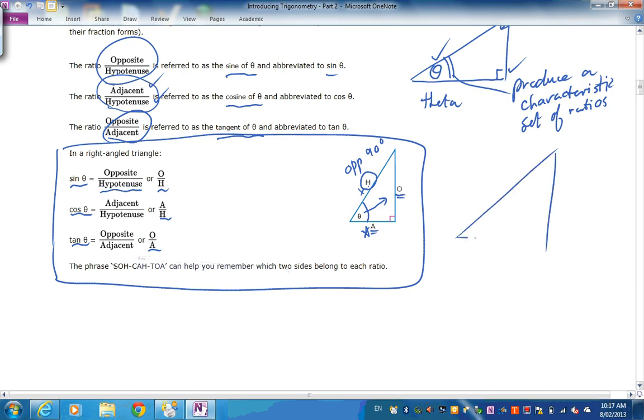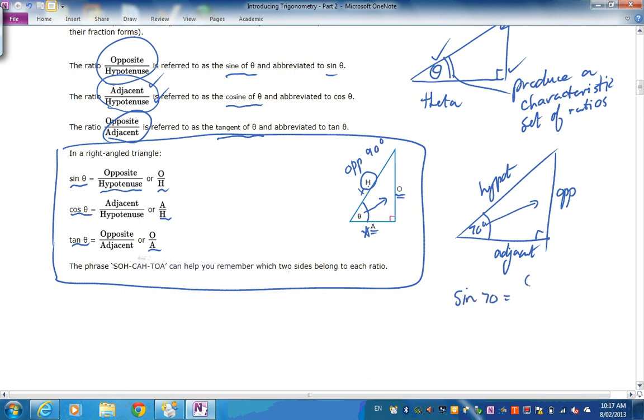Let's go here. So this is the angle of, let's say, 70 degrees. I go to the angle, I look out. What I see is always the opposite side. Go to the 90, this is the hypotenuse. Do this in these steps, and so this is the side adjacent to the angle. So little old 70 will have three characteristic ratios.